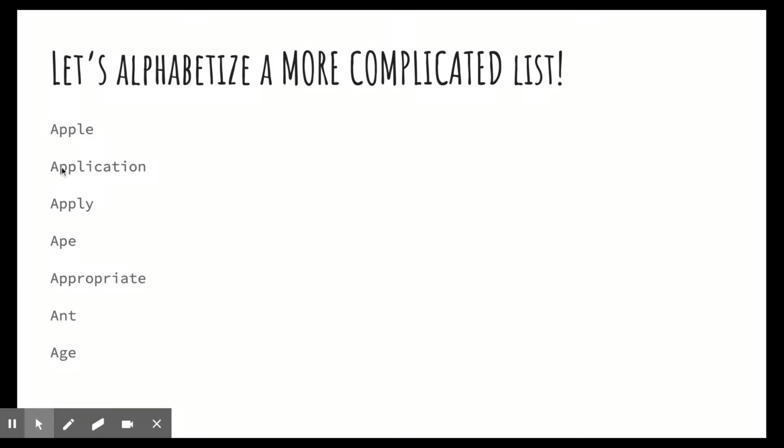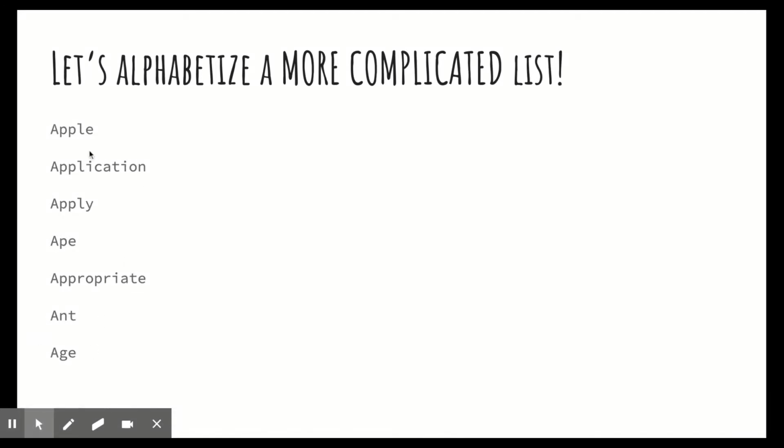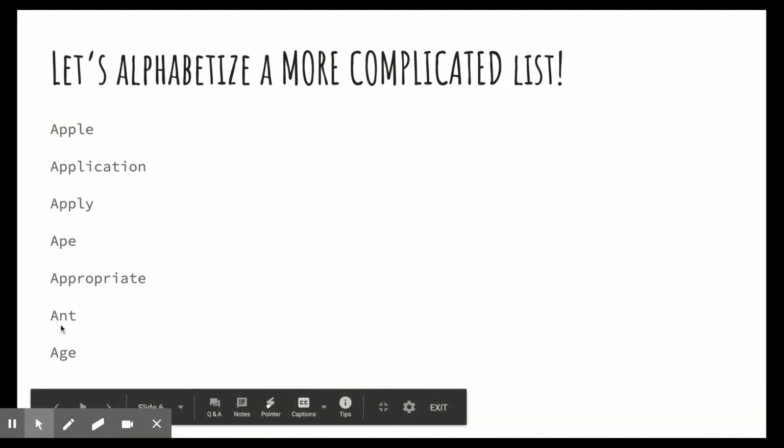So this list has apple, application, apply, ape, appropriate, ant, and age. So if I'm looking, the letter P is going to come further in the alphabet. So these are all letter A. Oh, I see a letter A-N and A-G.